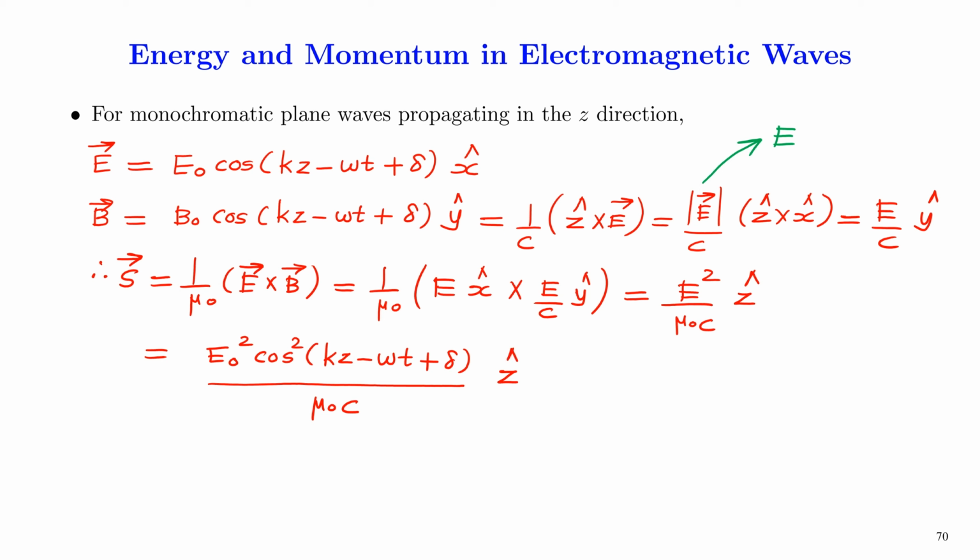We shall make a substitution for 1 over mu 0 from the expression for the velocity of light, that is c equal to 1 over square root of mu 0 epsilon 0.